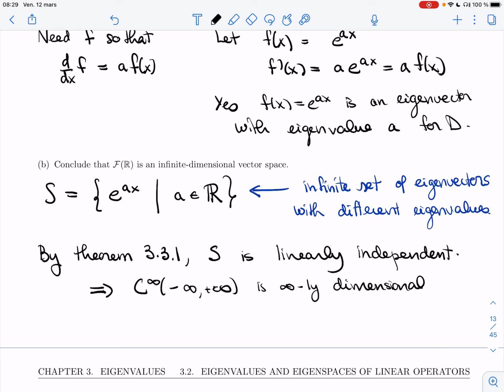And the same thing for F(R), which is even bigger. And if you think of which functions we're using, very specific functions, exponentials. Just a set of exponentials is already infinite dimensional. So you can imagine how big the whole space of functions would be.